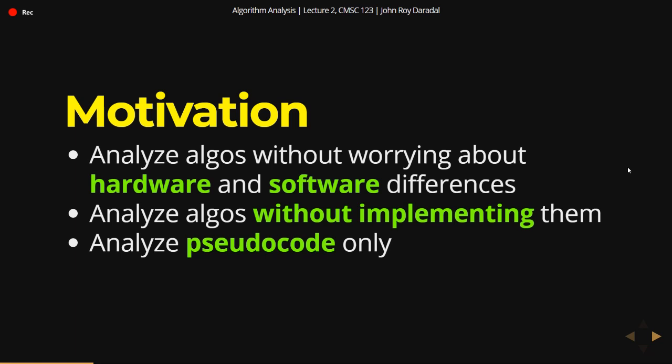So that we don't have to worry about the differences in setup and platform. And in this case, we can actually assure that the faster algorithm is actually better, right?